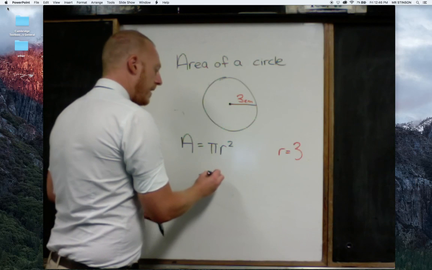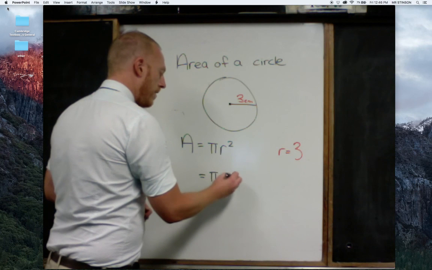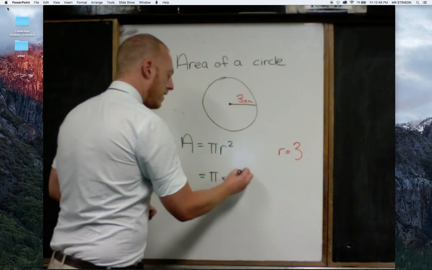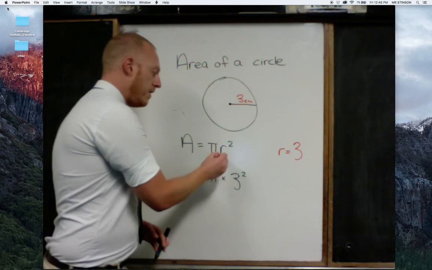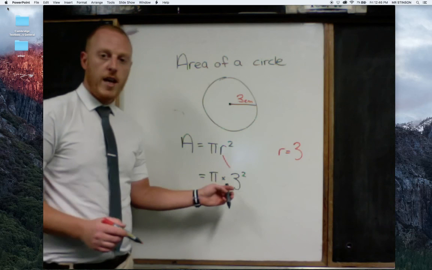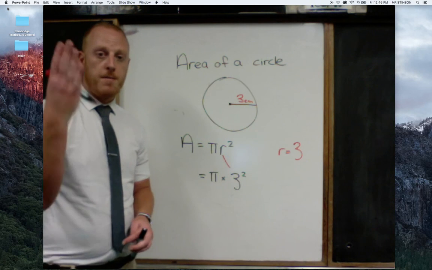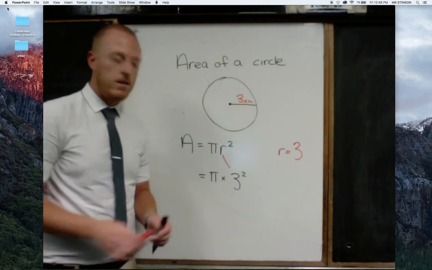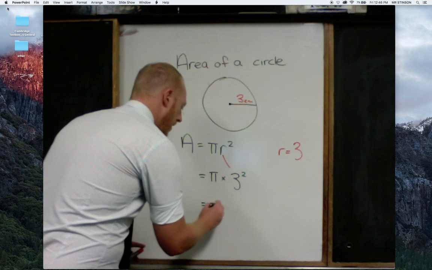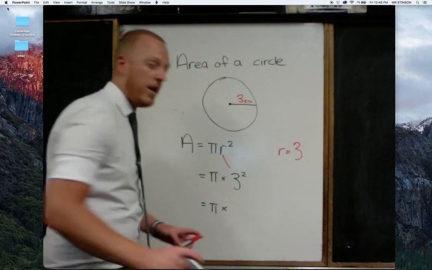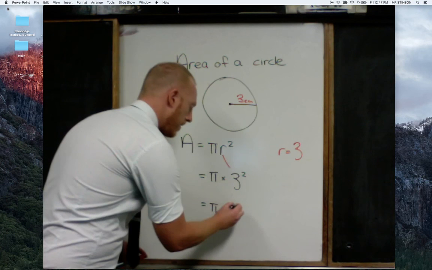Our formula now becomes pi times 3 squared. We have substituted 3 in for r. Step 4. Calculate. Pi times 3 squared. If you calculate 3 squared on your calculator, you'll get 9.